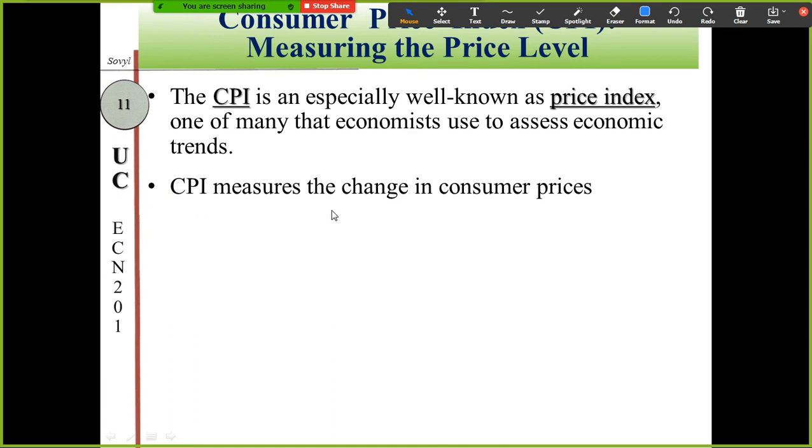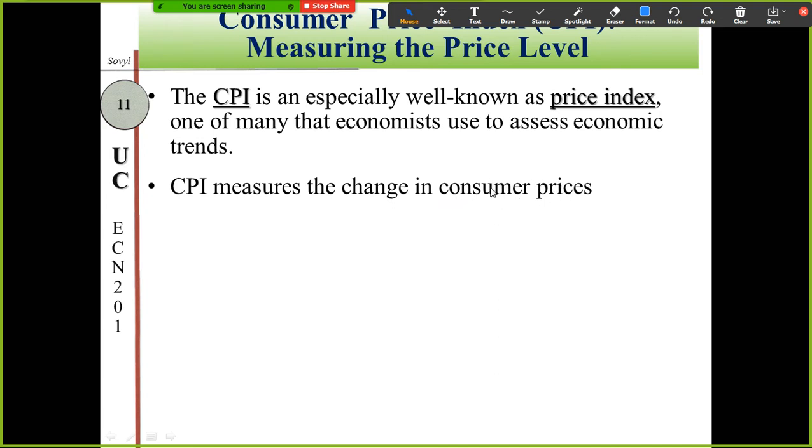CPI measures the change in consumer price. Consumer price means buying price, that means final product price. So CPI measures the change in final product prices.